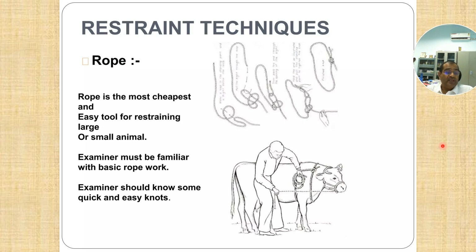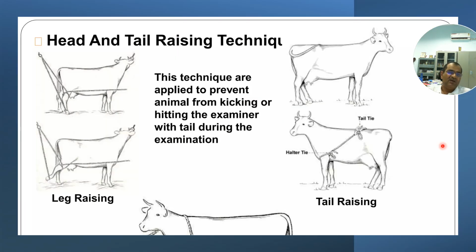So the examiner should know some quick and easy knots, just like the veterinarian learns the different knots, especially in the case of surgery. But it is also important that different knot techniques should be used in rope restraint.